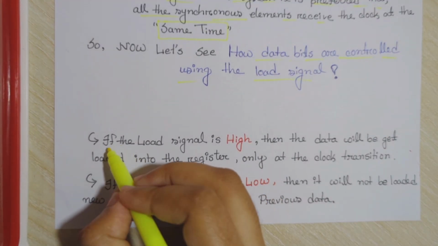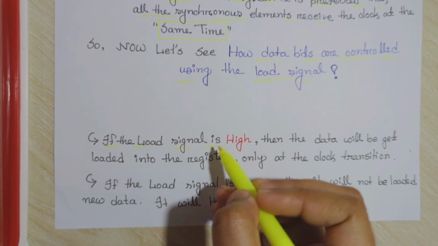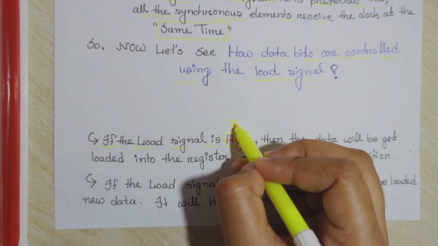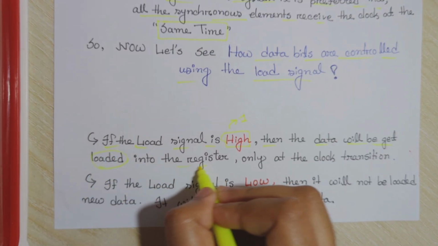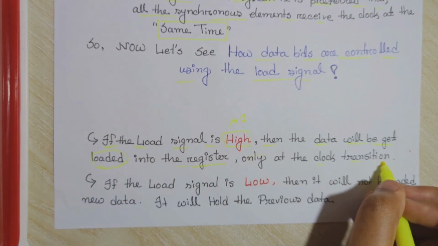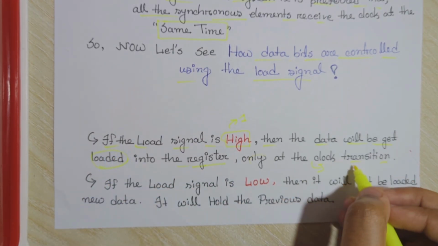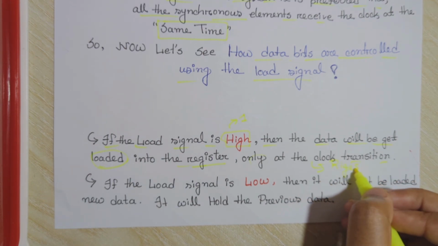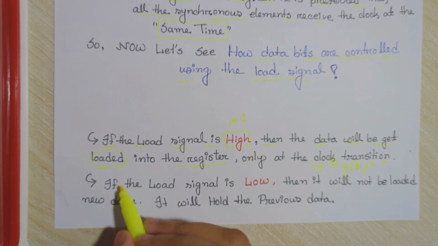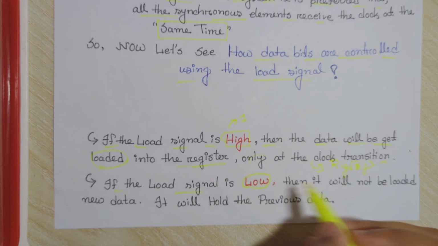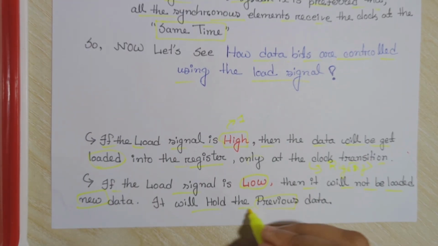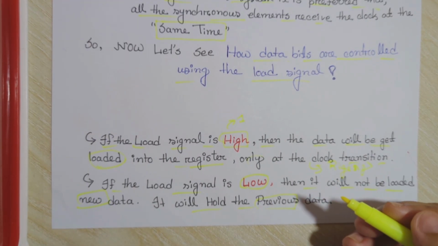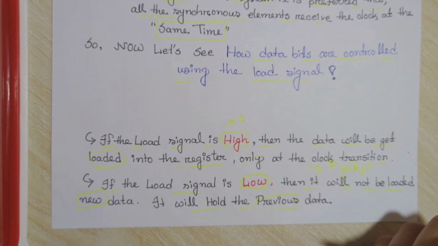So in conclusion, if the load signal is high, means 1, then the data will be loaded into the register. This works only at the rising edge of the clock, and if the load signal is low, then it will not load new data, it will hold the previous data. This is how this parallel load signal fulfills all our requirements.